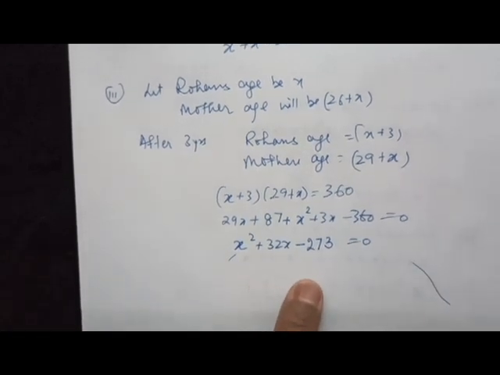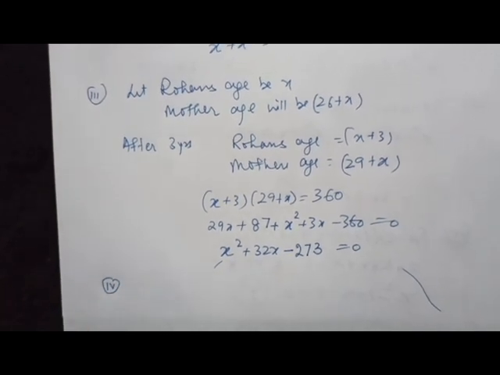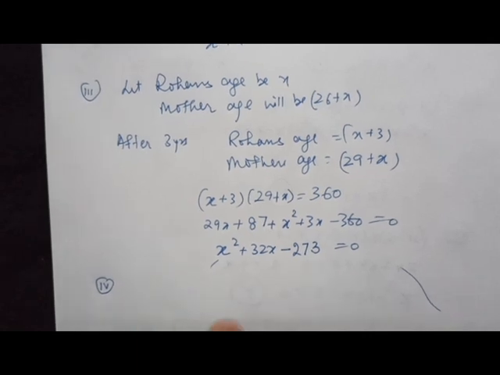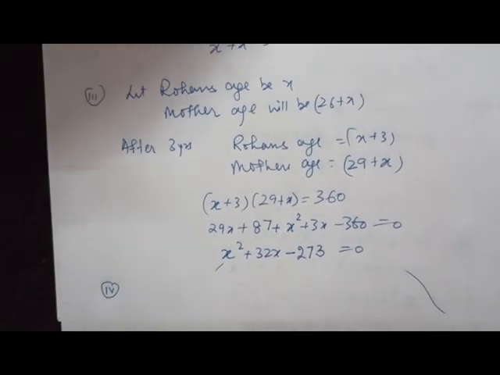So x square plus 32x minus 273 is equal to 0. This is our required quadratic equation. You can see in all these questions we are getting quadratic equation. In the previous chapter we have been getting linear equation. So this is the only difference.